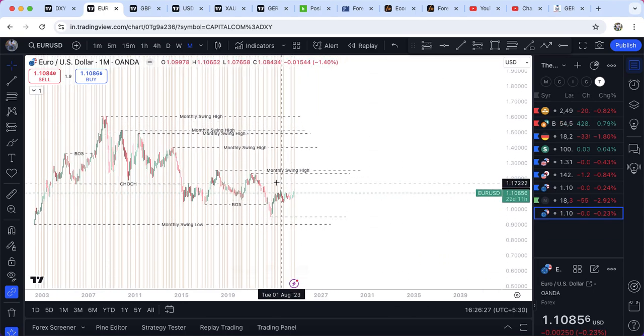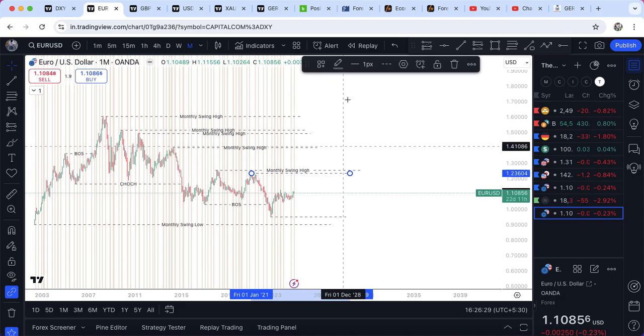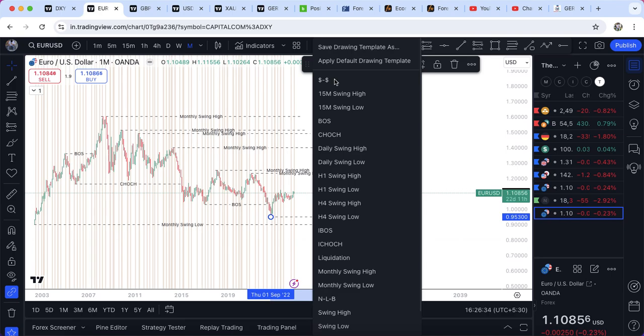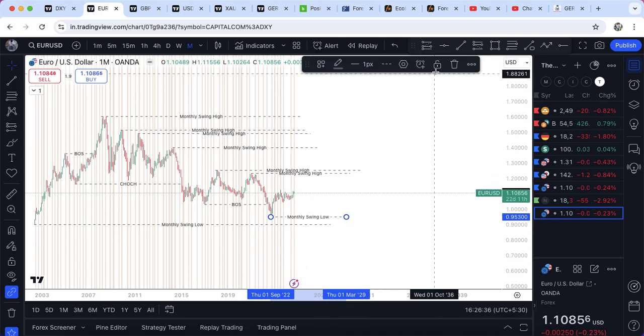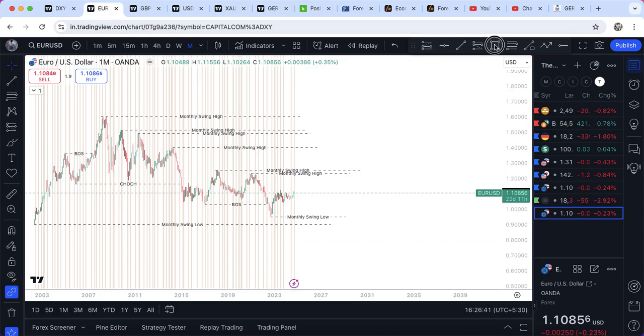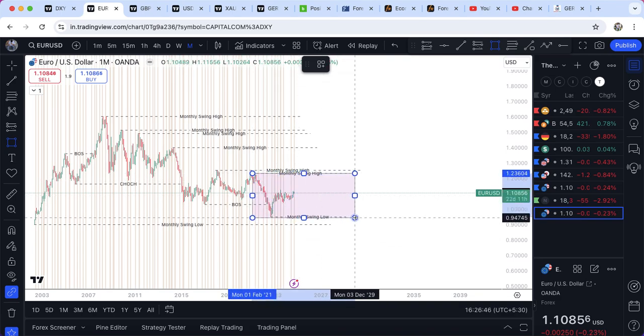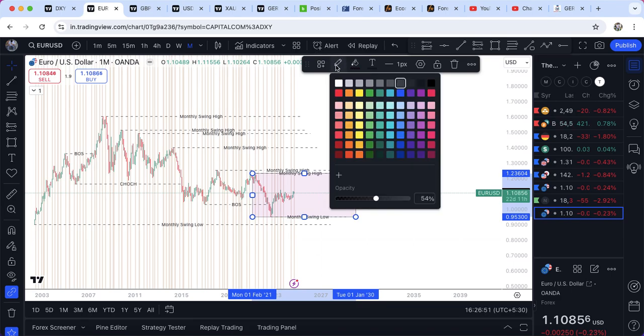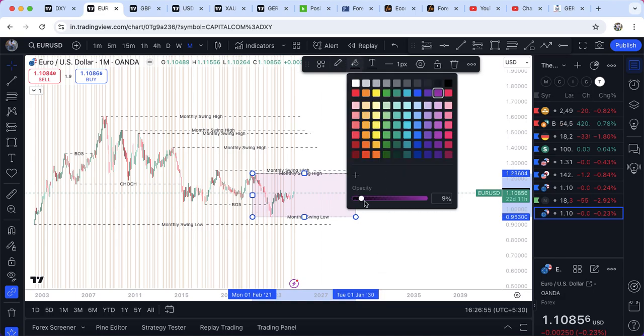So right now we are trading in between this monthly high and this monthly low. So if you want to know the range you are in, you can just draw the box from this high to this low, for you to be able to know the range you are in.